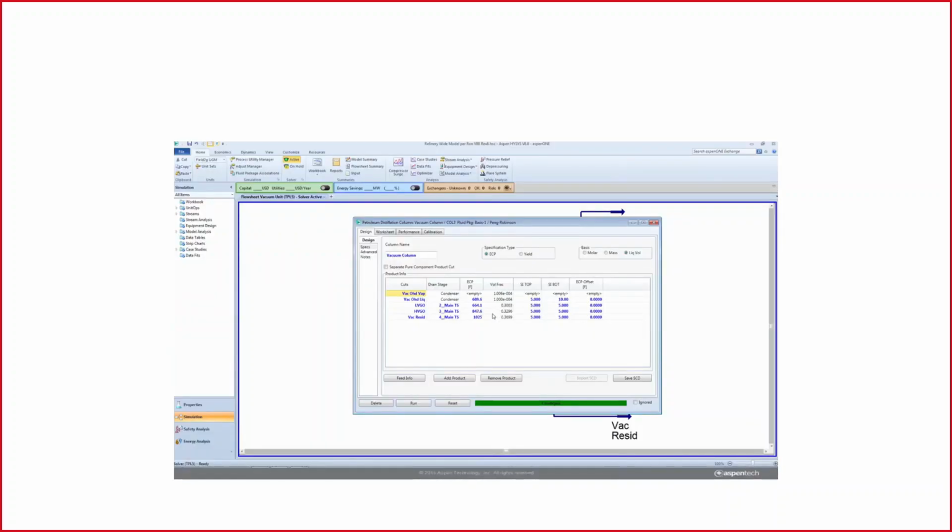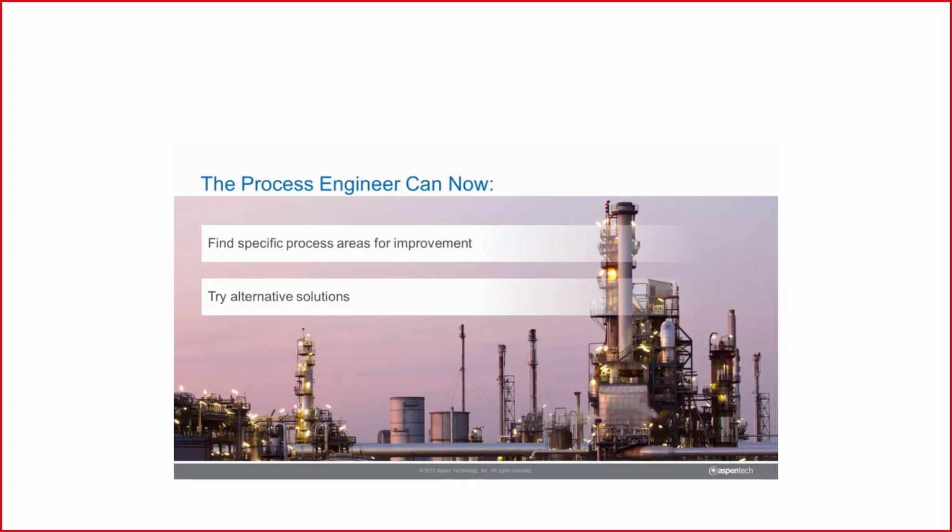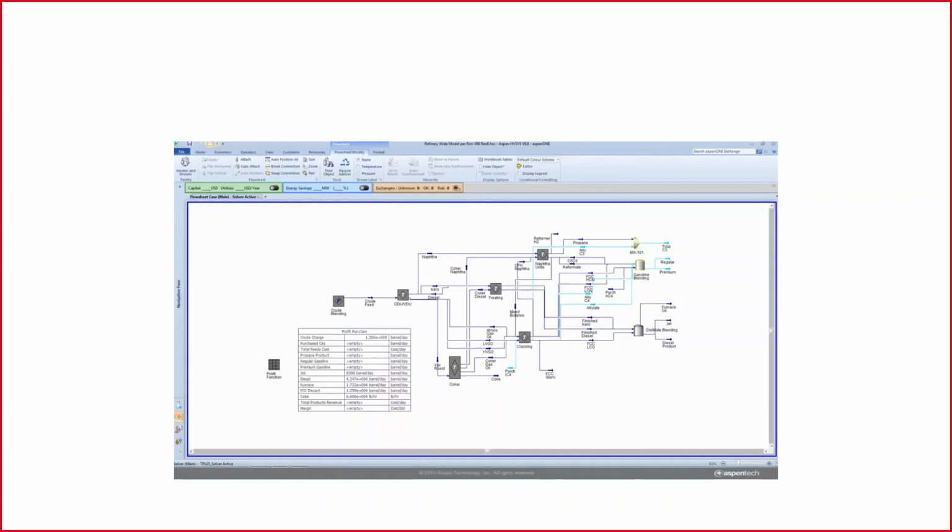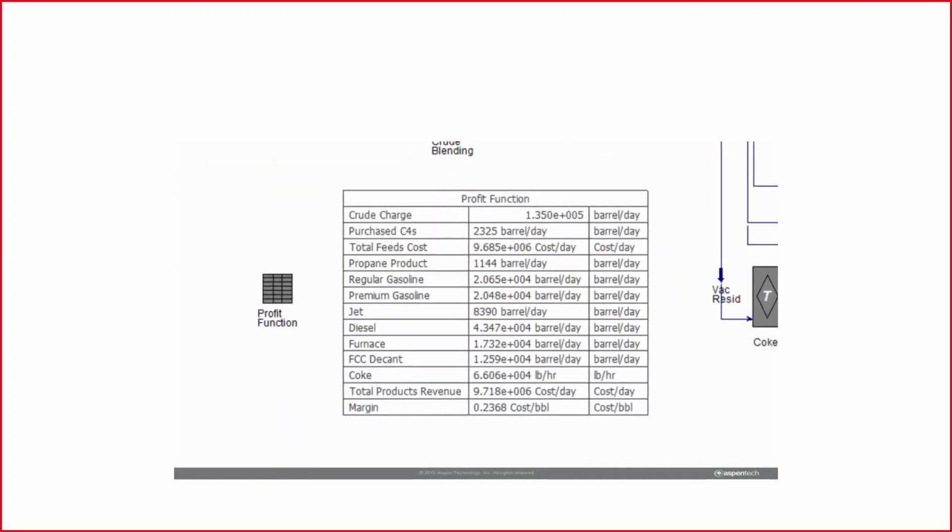In this example, the engineer can try raising the vacuum resid cut point temperature from 1025 degrees to 1050 degrees Fahrenheit. The process engineer can then predict the impact of the solution on refinery profits. In this demonstration, raising the vacuum resid cut point temperature has resulted in an overall profit increase from a negative 29 cents per barrel to a positive 24 cents per barrel.